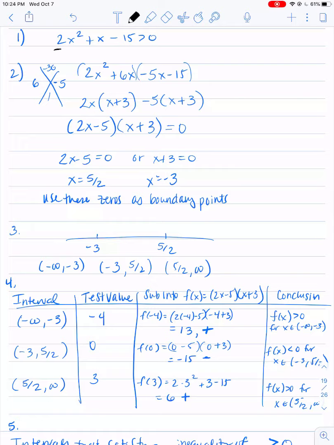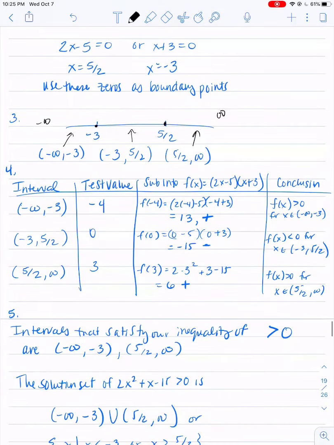So when we have negative 3 as our 0 and 5/2 as our 0, negative infinity is over here and infinity is here. So we're breaking up the real numbers. This is our first interval, negative infinity to negative 3. Our next interval is negative 3 to 5/2, and then 5/2 to infinity is that interval.